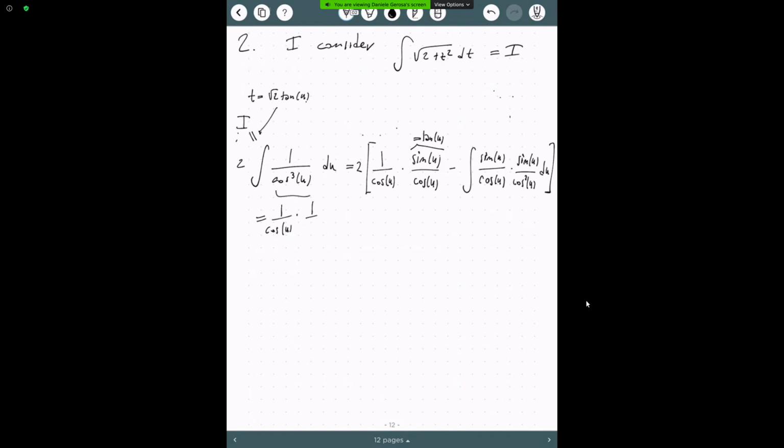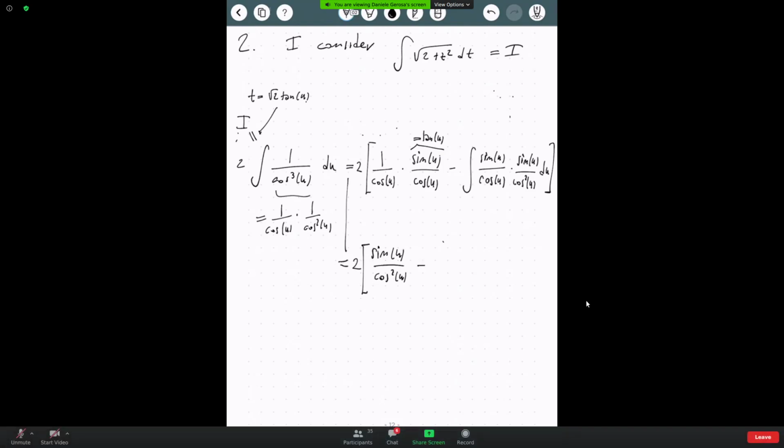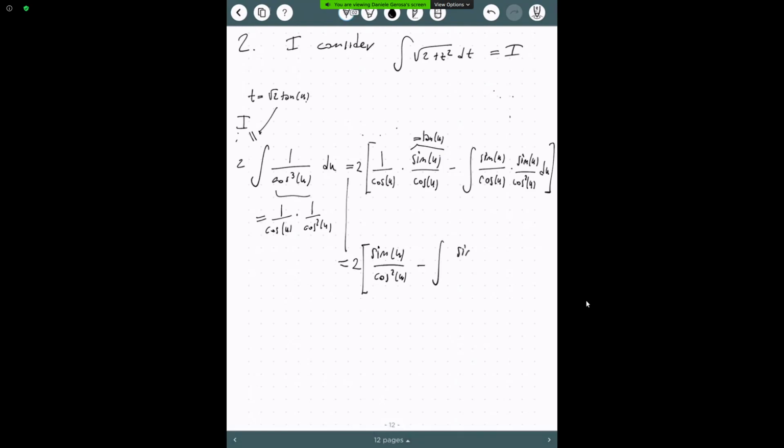So 1 over cosine squared is the derivative of the tangent, and then you differentiate the other factor, and you get what I got here. So I have 2 times sine of u divided by cosine squared of u minus the integral of sine squared of u divided by cosine to the power of 3 of u in du.